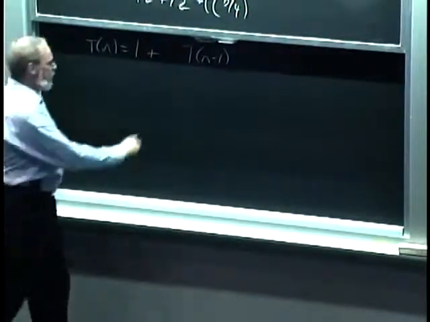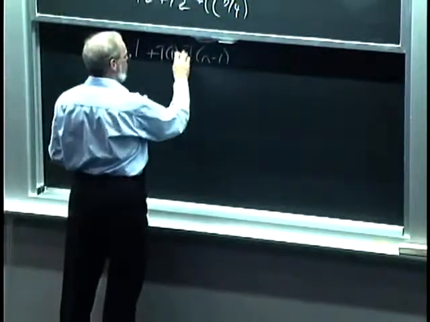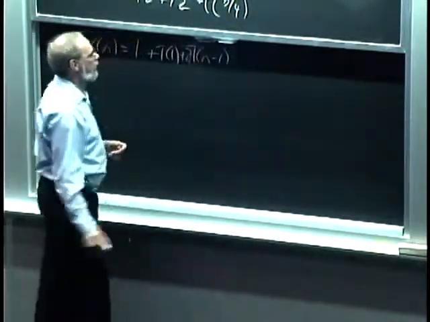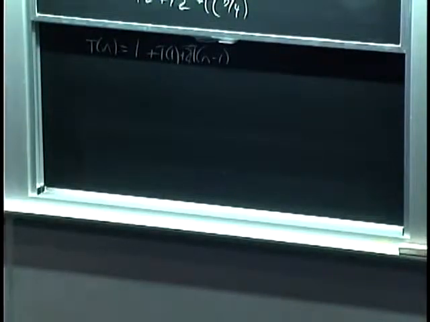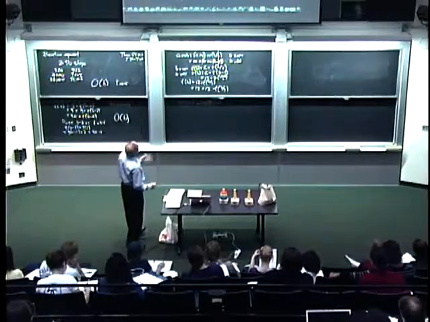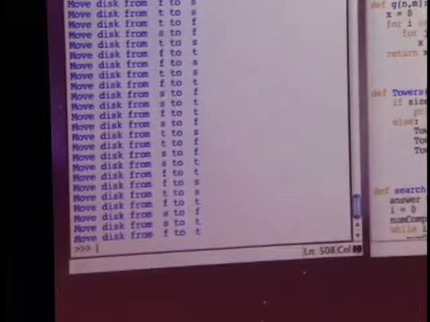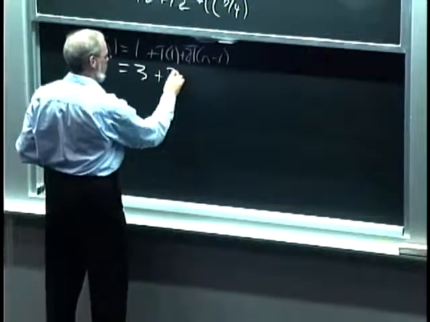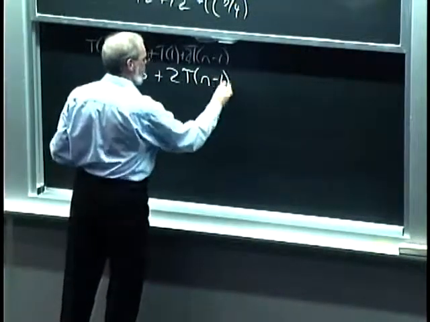I need to move a tower of size 1. And I need to move a second, sorry about that, a second tower of size n minus 1. Okay, t of 1 I can also reduce. In the case of a tower of size 1, basically there are two things to do, right? I got to do the test and then I just do the move. So the general formula is that.